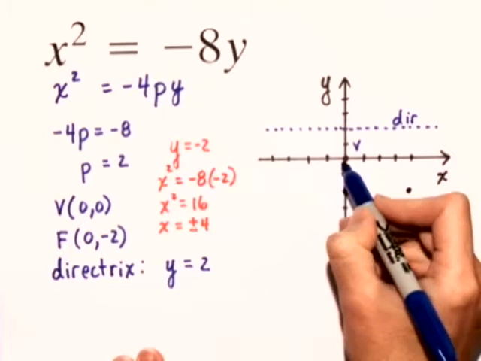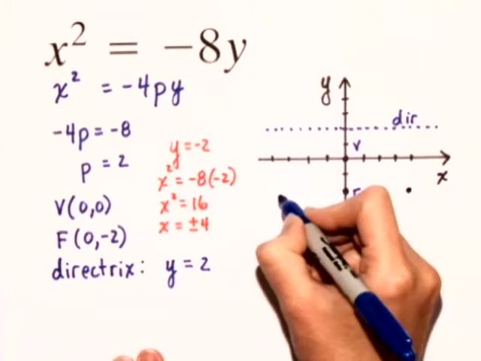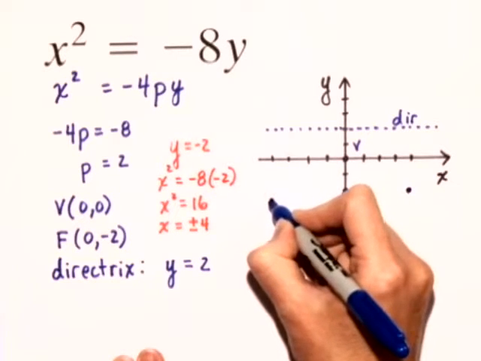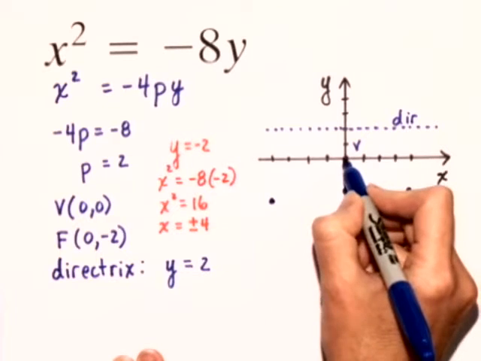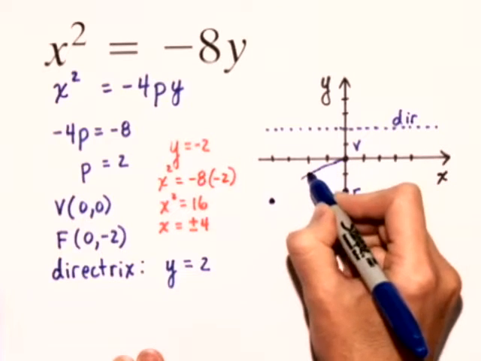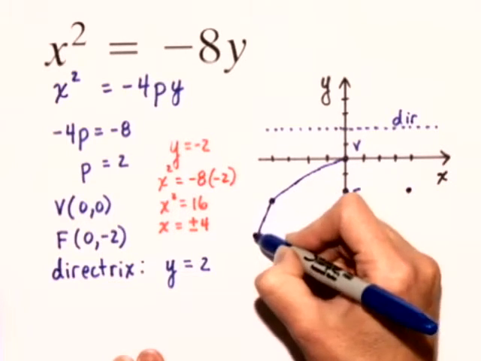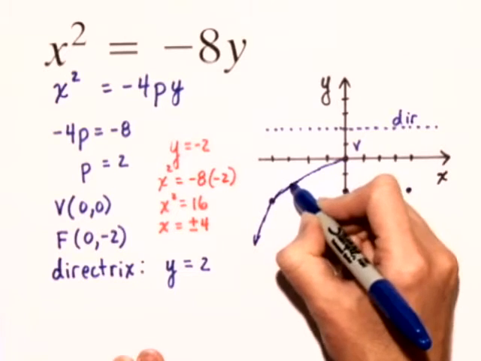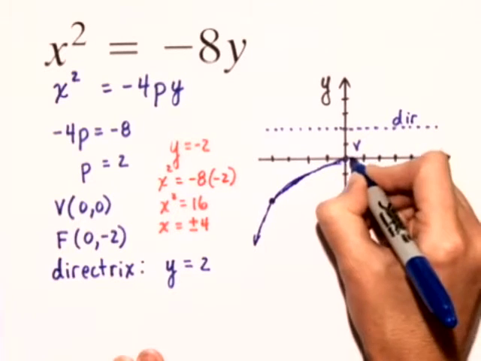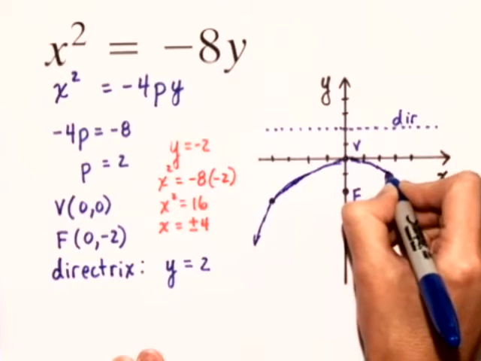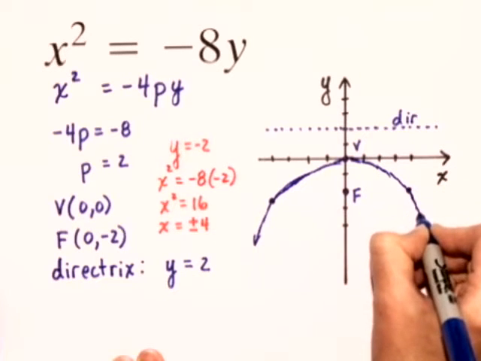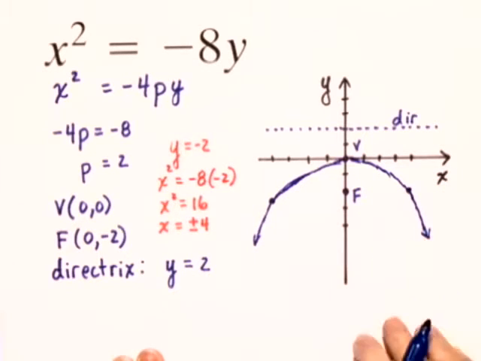And also, when x is negative 4, the y value is negative 2. So we can see how our parabola opens, and we can plot a smooth curve passing through the vertex and also through these 2 points that we just graphed.